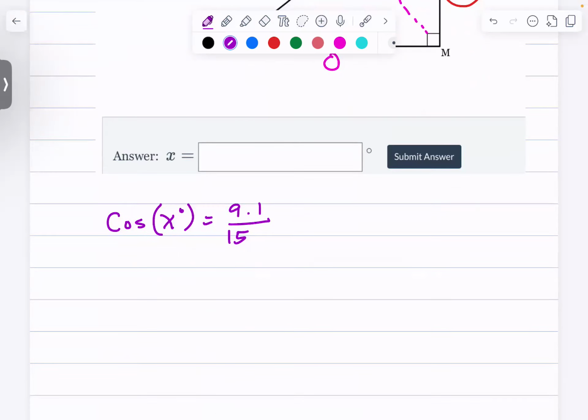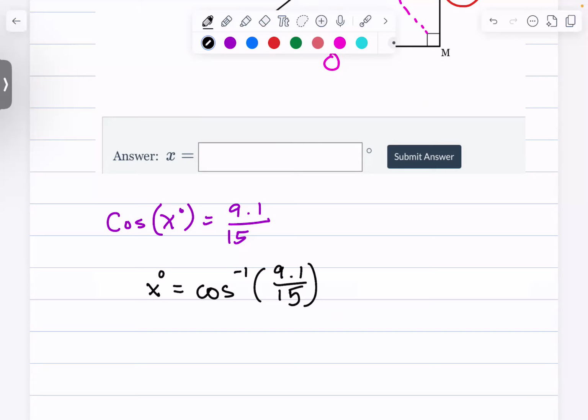And class, mathematically, to get rid of this cosine we have to take the inverse of that. So it's the inverse cosine of 9.1 over 15.